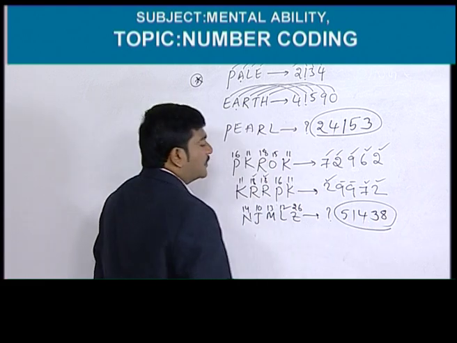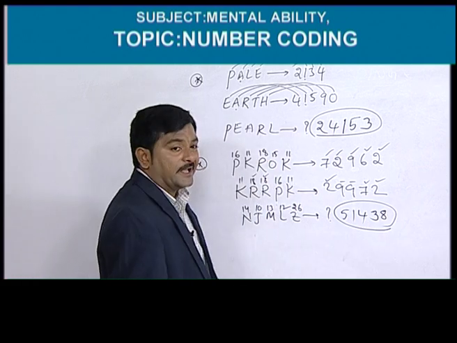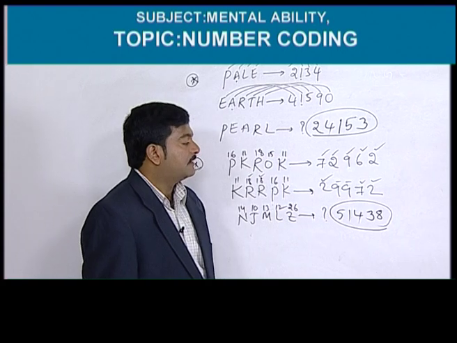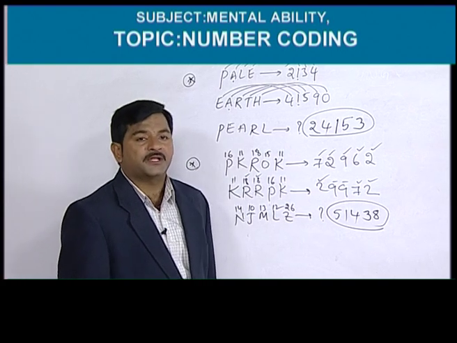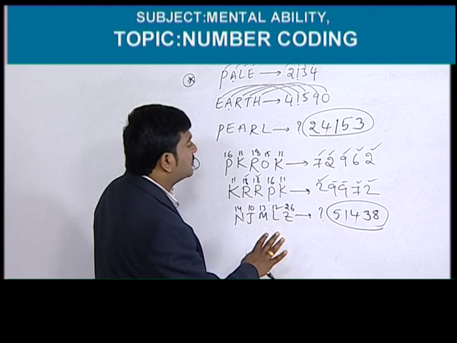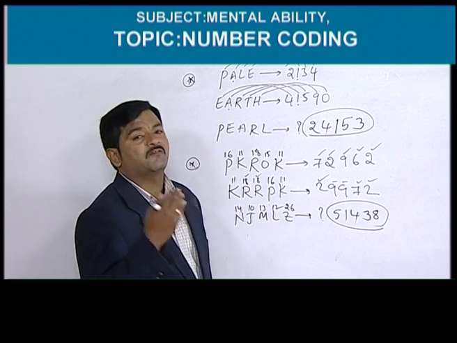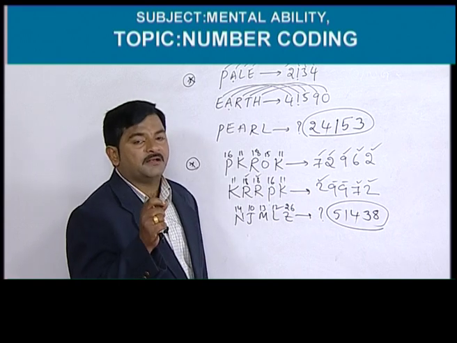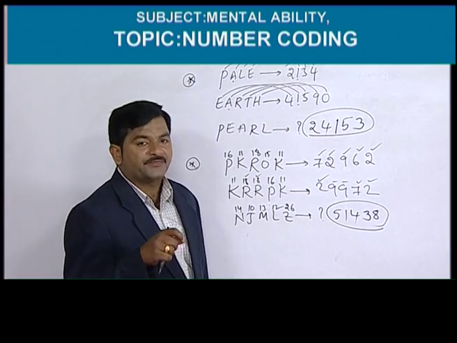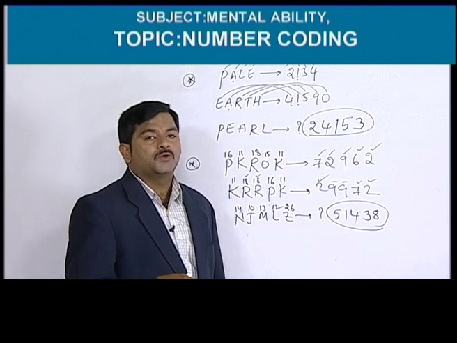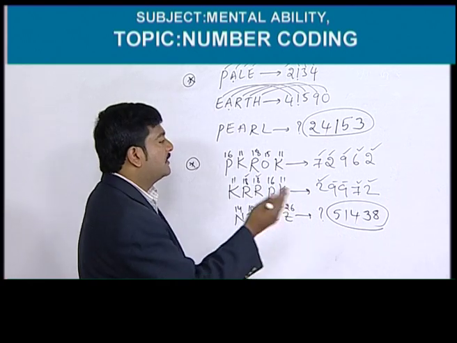Hence, the code for the given word NJMLZ is 51438. This is also a very beautiful concept in number coding. Of course, he assigned direct alphabetical numbers, but if the given number is a 2-digit number, then he added the sum of the 2 digits. Hence we are getting the coding word.